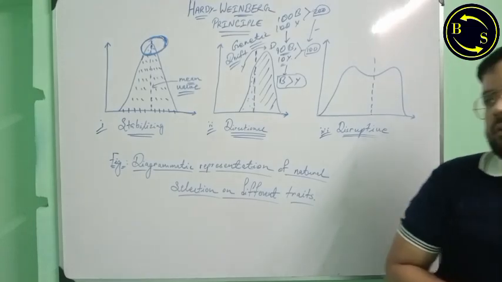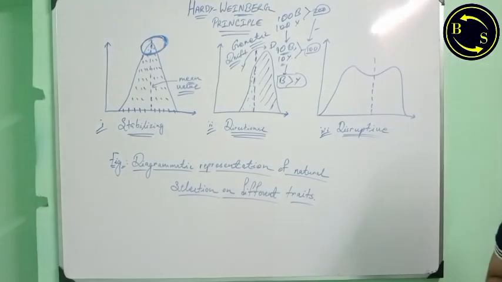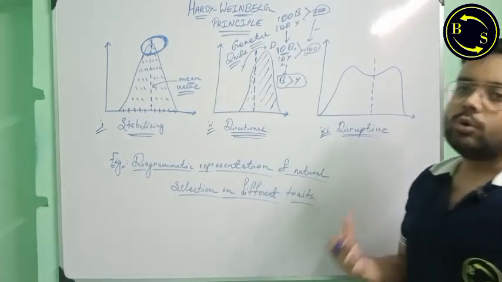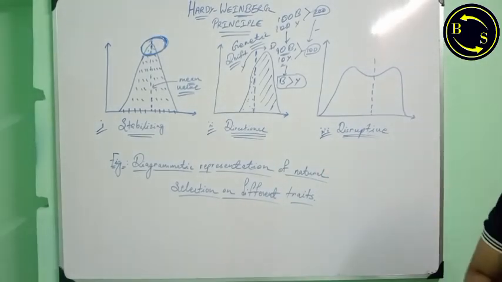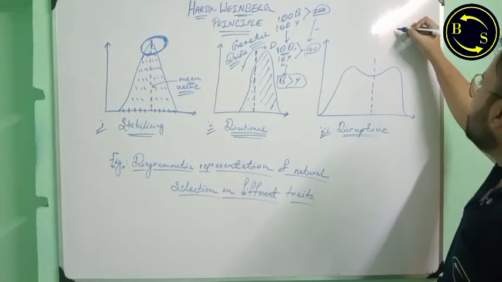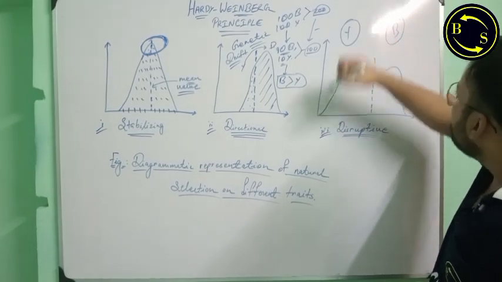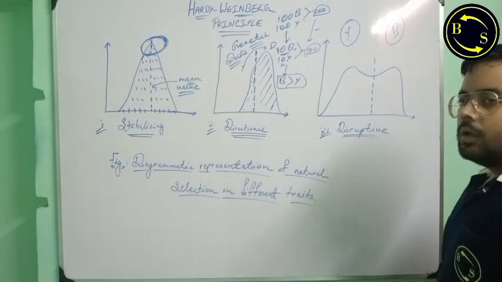Due to some reason, one part of the island has become more suitable for the blue individuals to survive, and the other part of the island has become more suitable for the yellow individuals to survive. Say this part of the island is suitable for the blue ones and this part of the island is suitable for the yellow ones. So what will happen?